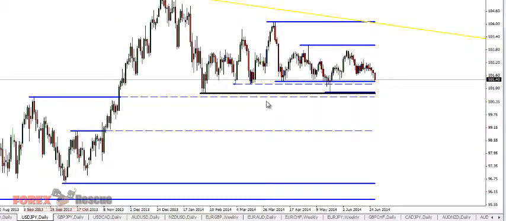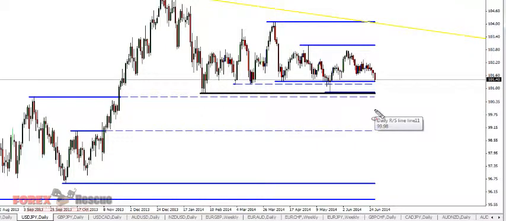If you take note of this chart, you also notice this area of resistance turned support, and so there's a confluence of a weekly support and this daily support line.